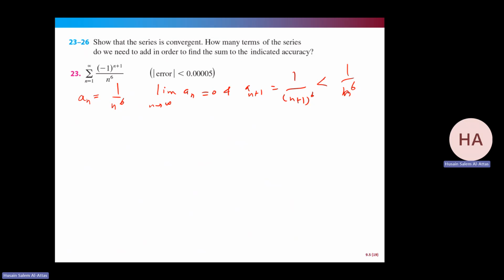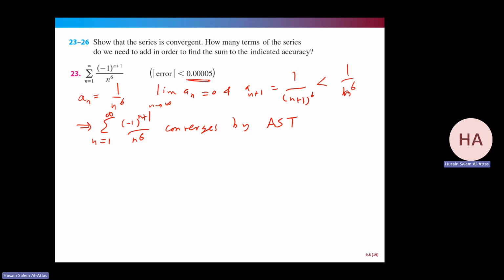Yeah, satisfying the conditions. So the series, as an alternating series, converges by the alternating series test.